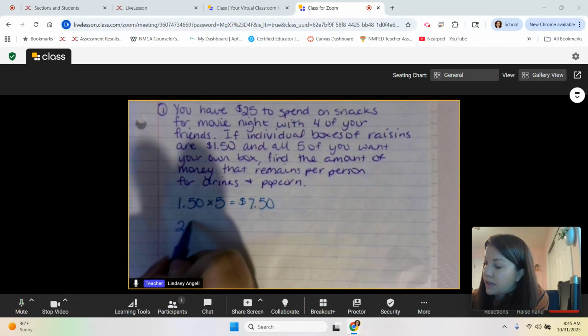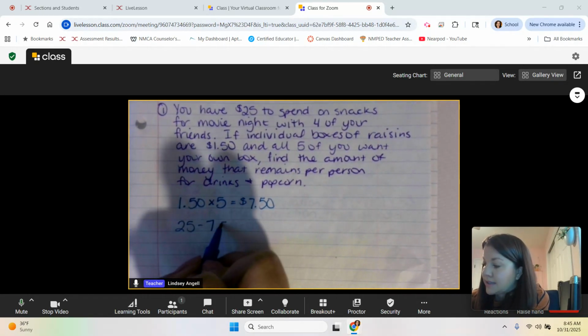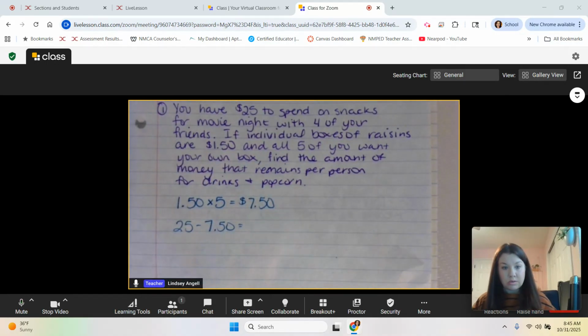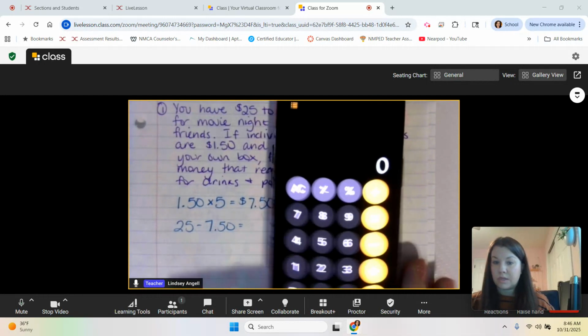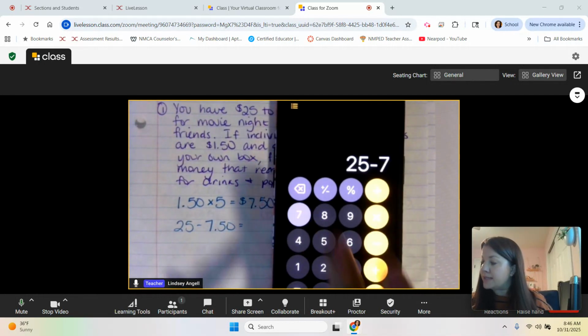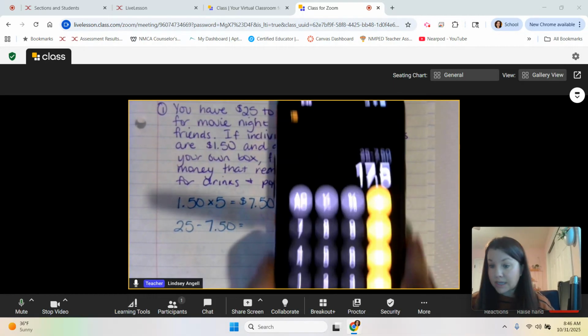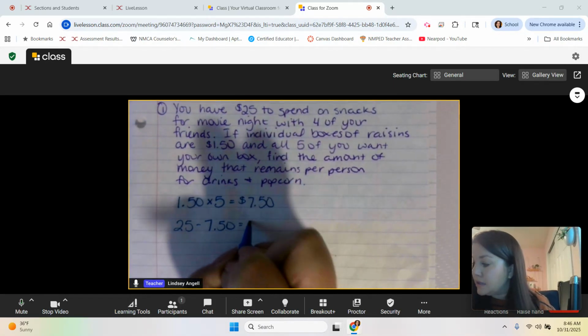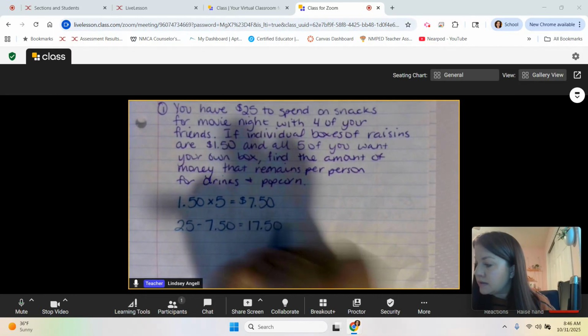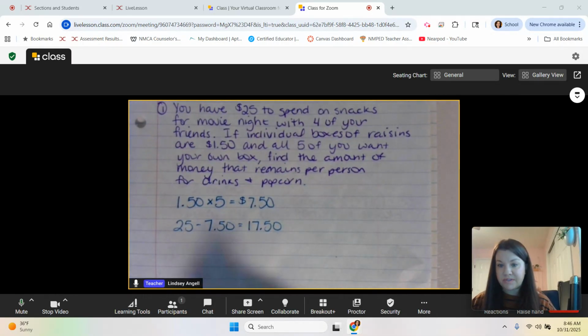So then we could subtract the $7.50. Well, let's see what that gives us. We have 25 minus $7.50. That gives us $17.50. Okay, so we're at $17.50. That is the amount that is going to be divided among all 5 people to be left for their popcorn and their drink. Okay?